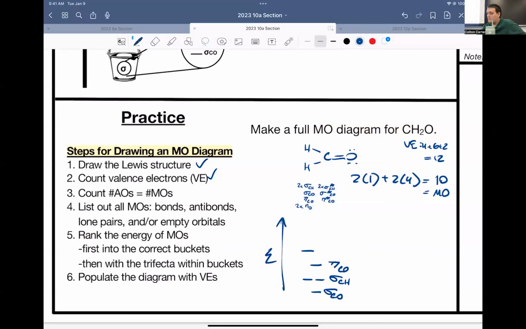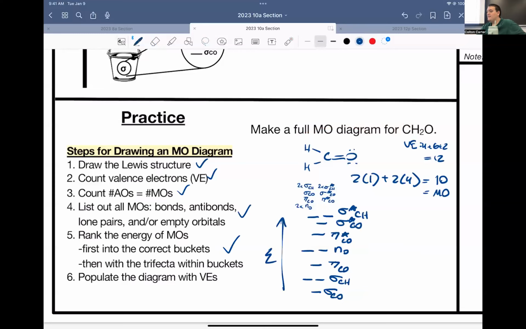Non-bonding, we have the 2 lone pairs on oxygen. What's the next bucket? Pi star, we only have 1, so it's the pi star CO. Top bucket. Sigma star. So we have sigma star CH and sigma star CO. The CO is not totally symmetric. Yeah, the sigma star CO is lower in energy than the sigma star CH. Cool. We've done this, this, this.